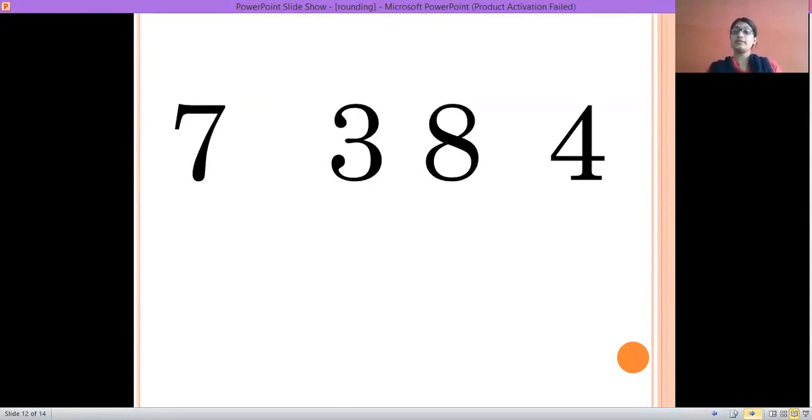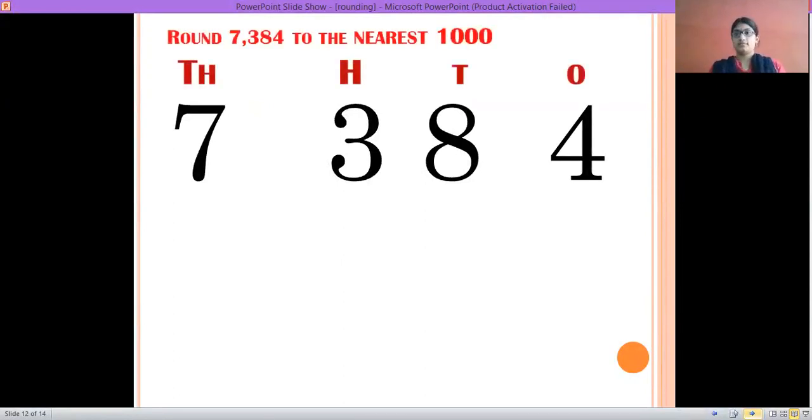Here we'll see 7,384 rounding to the nearest 1,000. So children, first we'll write the places of each digit. After writing the places, we identify a rounding digit. That's the place that we have to round. So here in the question, we are asked to round to the nearest 1,000. So the digit in our thousands place is the rounding digit. We'll see the immediate digit to the right hand side of this rounding digit, that is 3. Here it is in hundreds place.